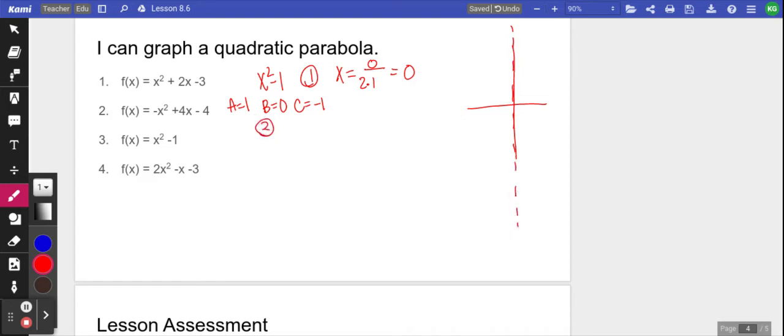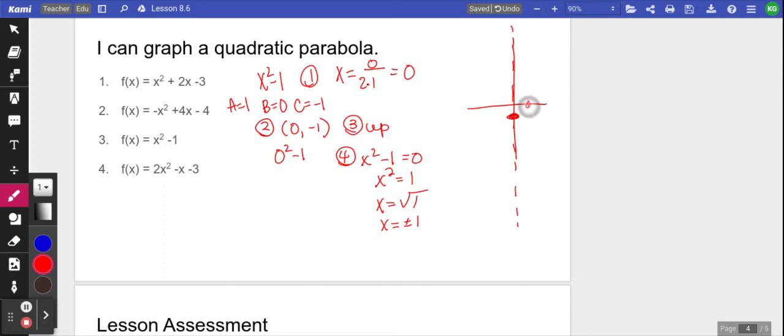Then putting that back in for the vertex, I'm going to do 0 squared minus 1, which is -1. I know that it's going to open up because it's a positive x squared. And this one to solve, I would just add 1 and take the square root, which is plus or minus 1. So +1 and -1.